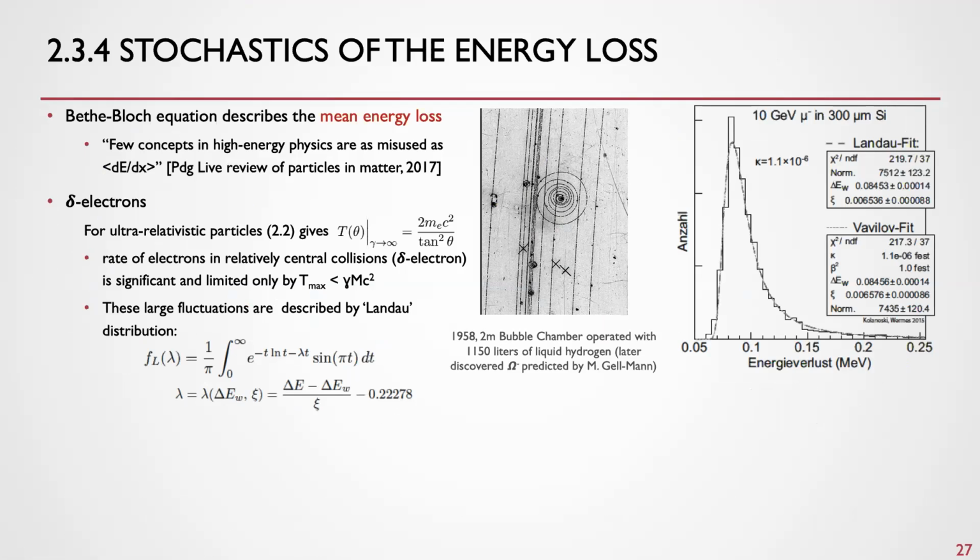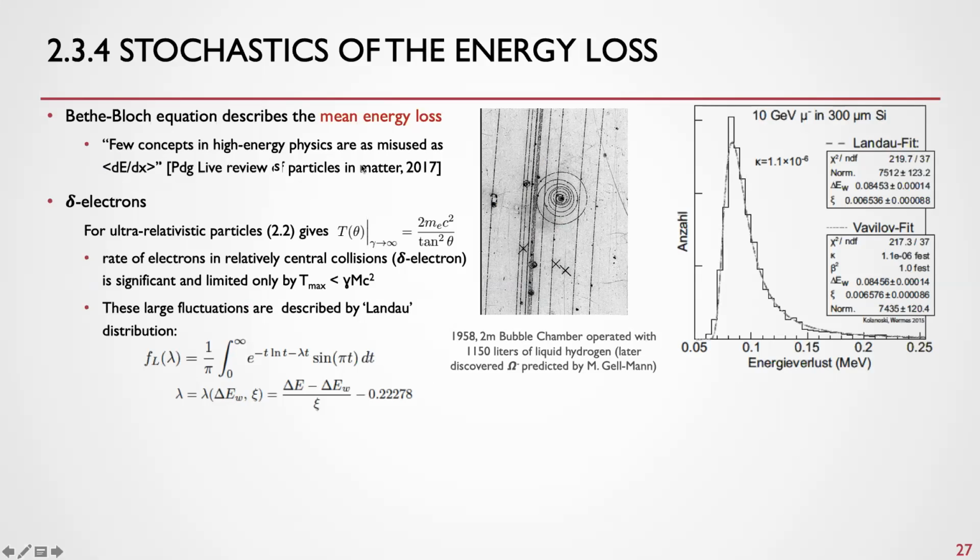We now discuss the stochastics of the energy loss. We have already discussed the mean values, and now we discuss the spread. That's not something where I will do the calculation by hand. It's very complicated. It took a Russian to compute it, Landau. What are we talking about? The Bethe-Bloch equation describes the mean energy loss.